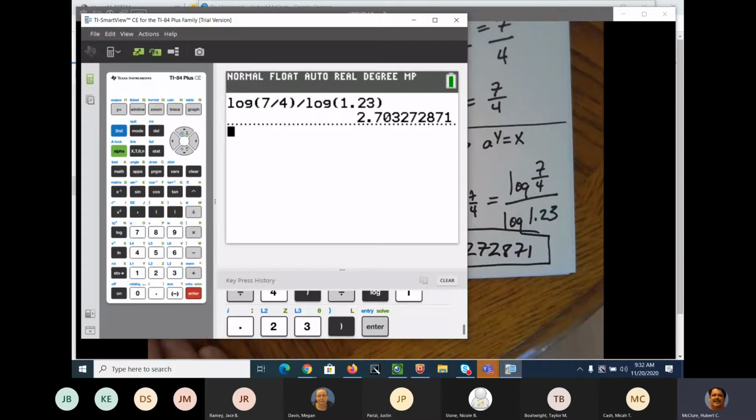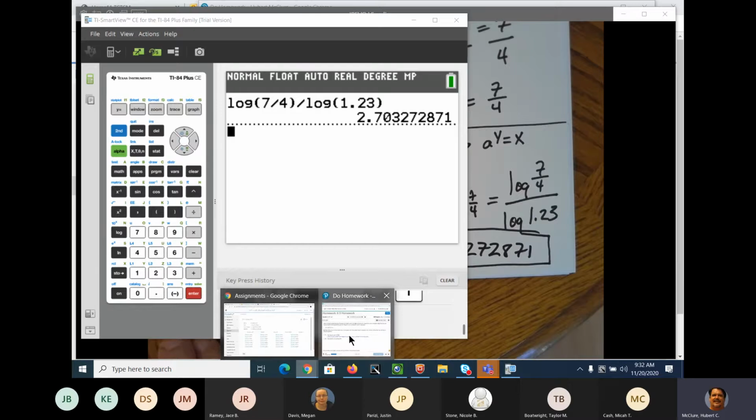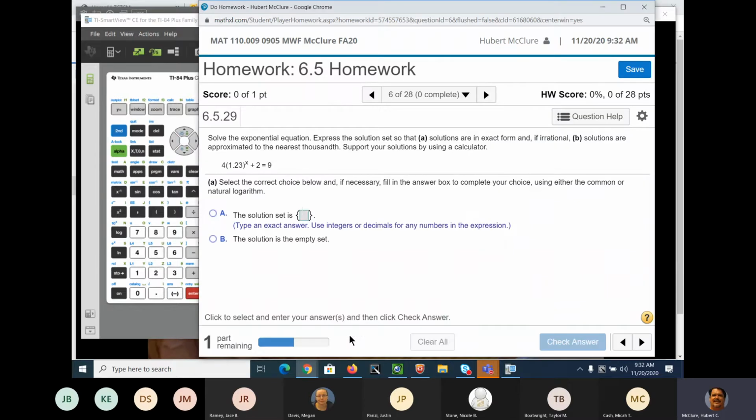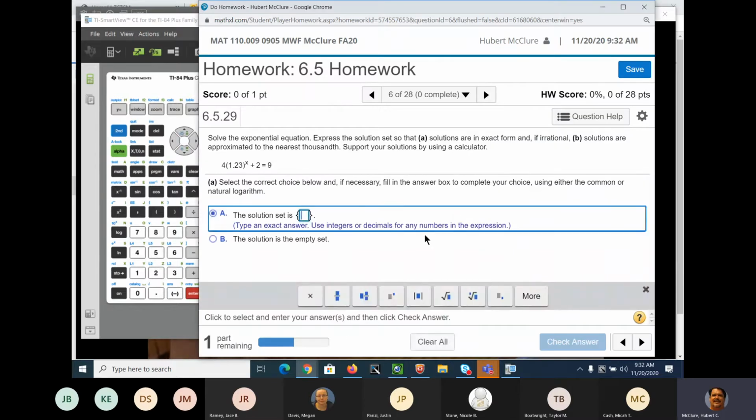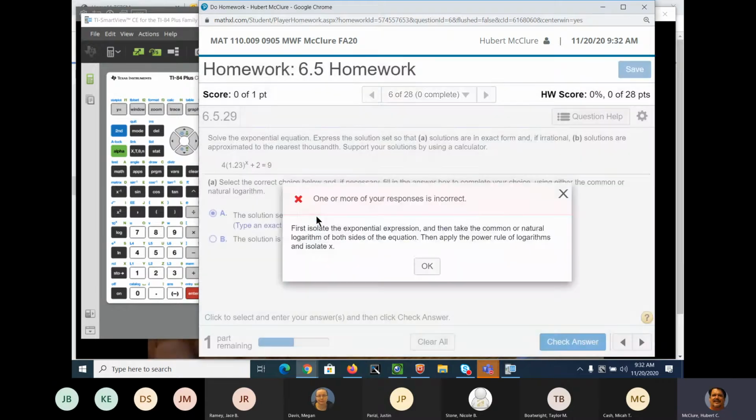Anybody got a question on that one? So let's go to the question and type it in. It says round to the hundredths. 1.23 is to the hundredths, so we're going to round to the hundredths. 2.70. Uh-oh.